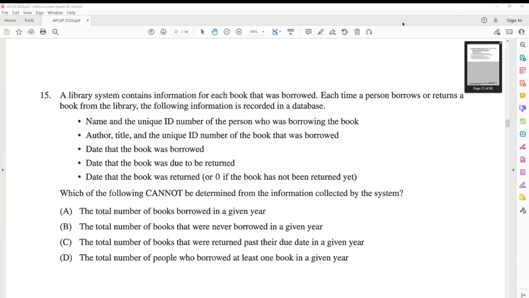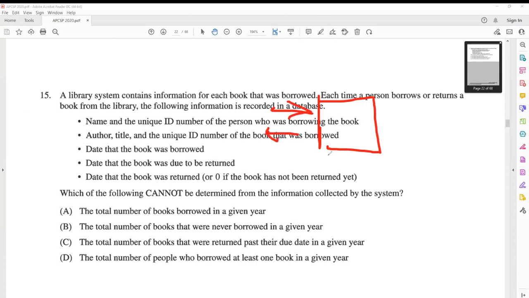Any question? This one I did struggle with, because my first impression was that I could not find the answer. Some problems are like this. But the answer given by the College Board is B, because your data is only transaction based. Only the books that have a borrow and return record.